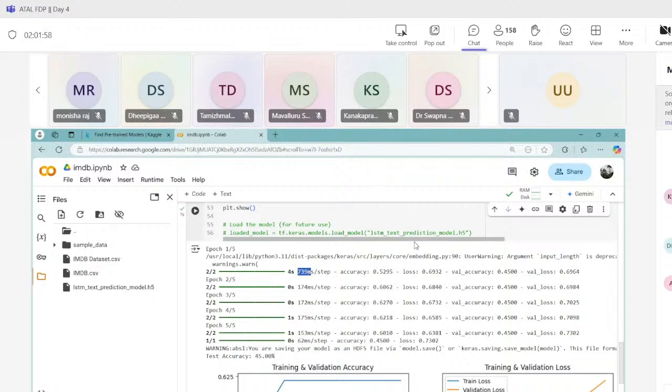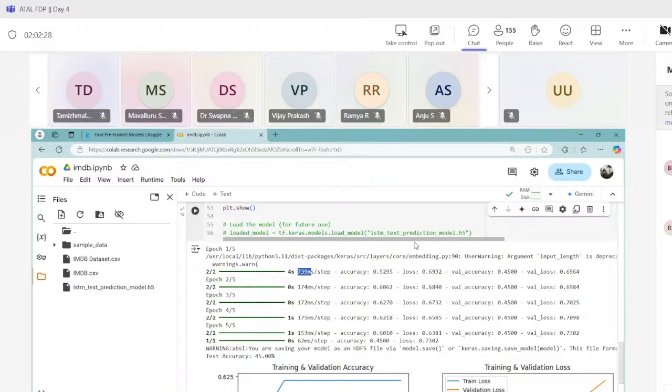The first iteration has taken much time for processing, but starting from the second, it has taken not even 10% of that. It's 174 milliseconds per step because it has generated one output already. Now it is going to compare the next value. So the computational time will go down as the iterations go forward.